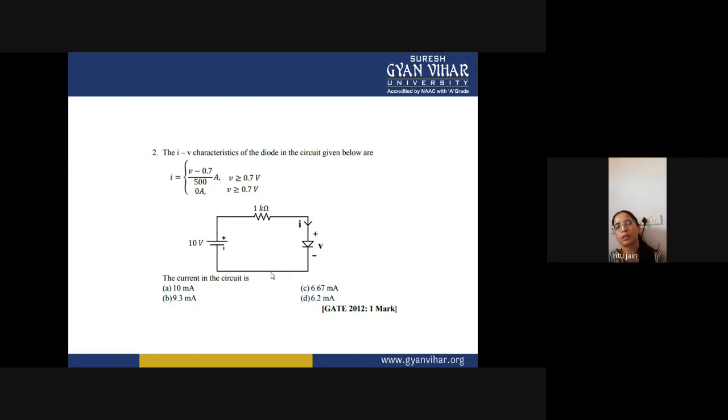So this is all about the diode. The next topic is the IV characteristic of the diode in the circuit given below.